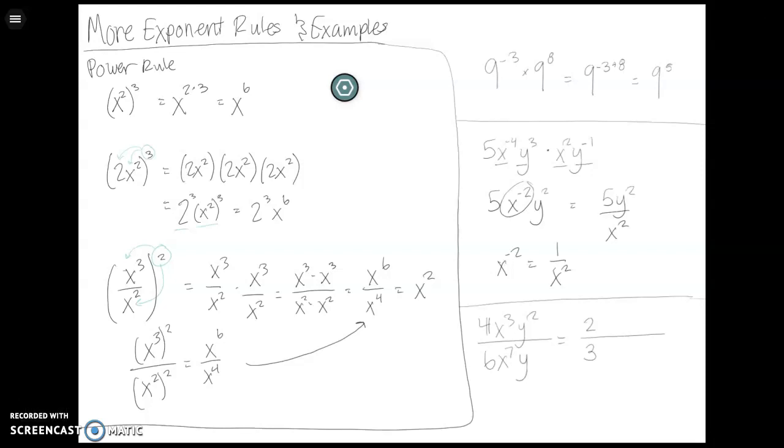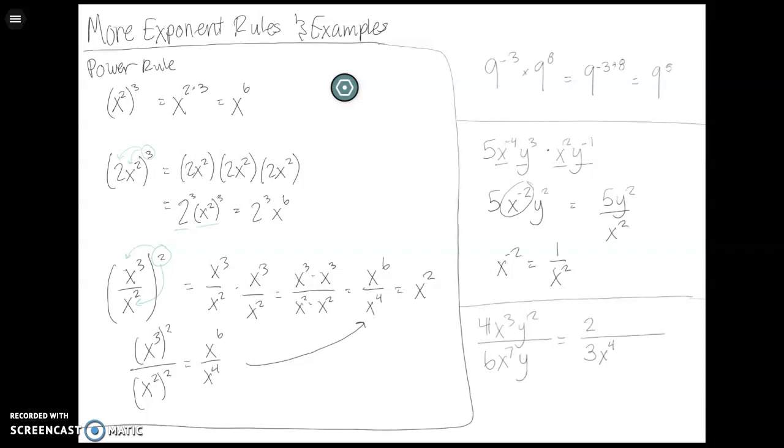Then I have this x to the 3rd and this x to the 7th. So if we think about canceling out like we did before, I have 3 x's on the top, and I have 7 x's on the bottom. 7 x's that are multiplied together. So if I think about canceling things out, I can cancel out 3 x's from both the top and the bottom, which leaves me with no more x's on the top, and then x to the 4th power here on the bottom.